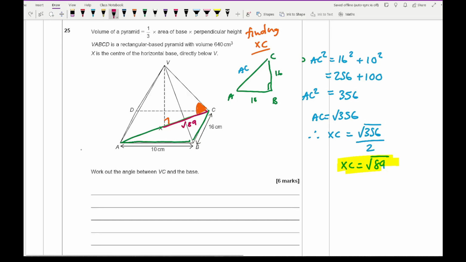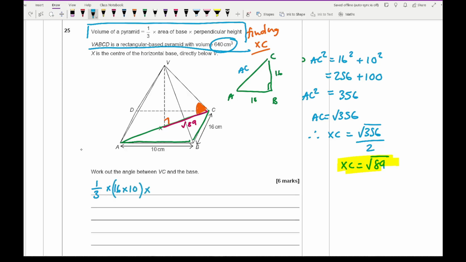Then we need to work out the perpendicular height. Now for this I'm going to use this formula and it says that the volume is 640. So we know that it's a third times the base area, which is 16 times 10, multiplied by h, and that all should equal 640.